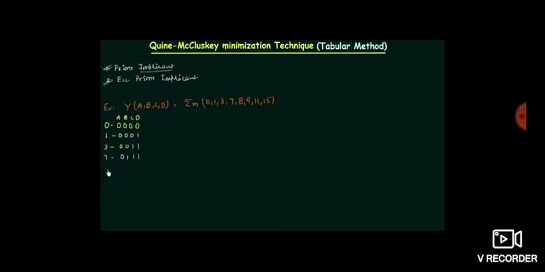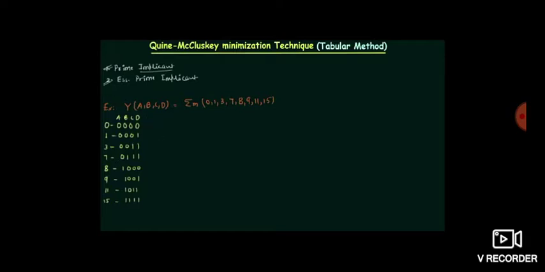Each value is represented using 8421 code. 0 is represented in zeros, 1 is represented in zeros and a 1, 3 is also represented in zeros and ones. Based on the 8421 code, we write the binary representation of all values. Binary means either 0 or 1.